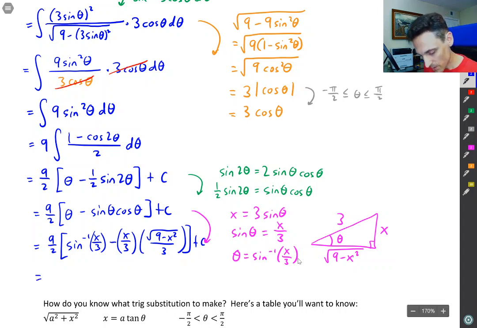Here we can distribute the 9/2, and we've got 9/2 inverse sine x over 3. And then we have a 3 times 3 on the bottom, which is 9, but the 9 on the top of the 9/2 cancels, so we end up with just a half. So we'll have x square root of 9 minus x squared on the top, and a 2 on the bottom from the half.